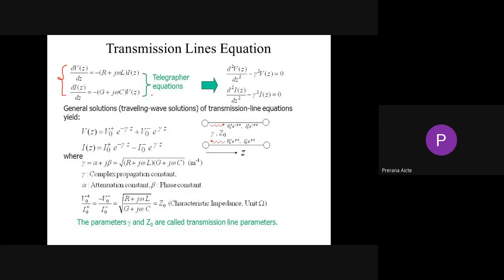Now, while differentiating, the expression ∂²V/∂z² is equal to γ² into V(z).